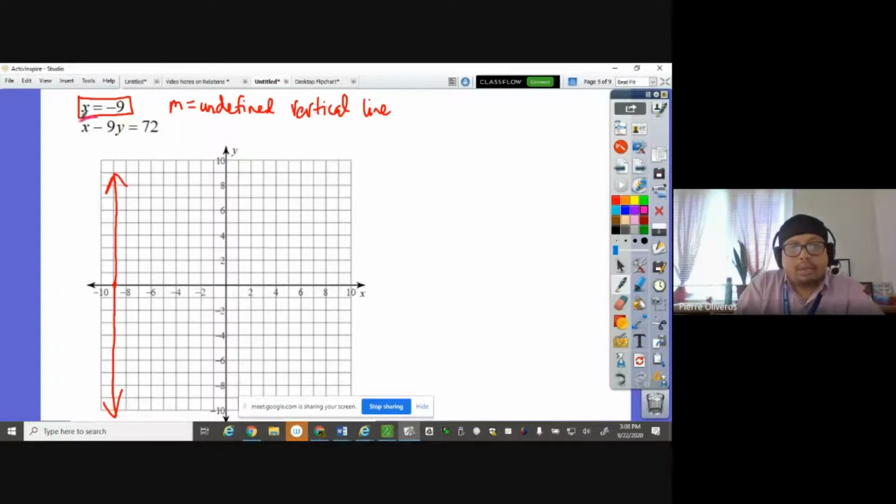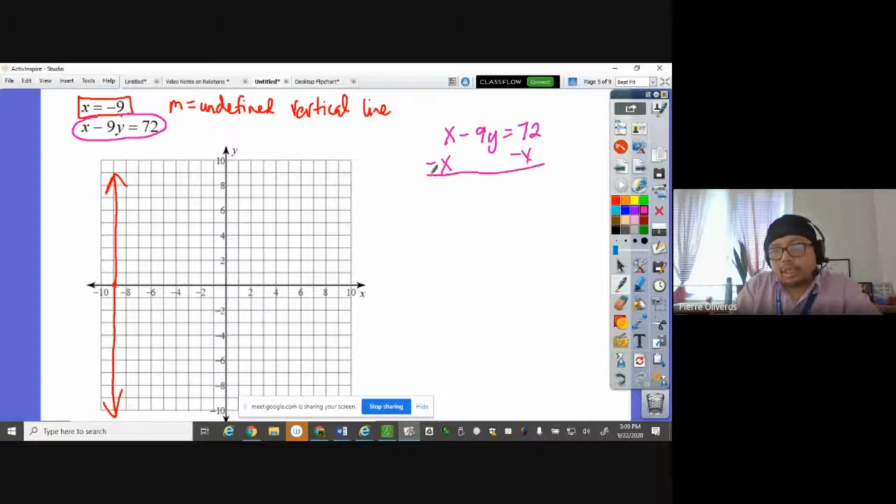Now we have here an equation in standard form. So we're going to solve for y and make it in slope-intercept form. X minus 9y is equal to 72. I'm going to subtract x on both sides. This will give me negative 9y is equal to negative x plus 72. Divide everything by negative 9, negative 9, negative 9.